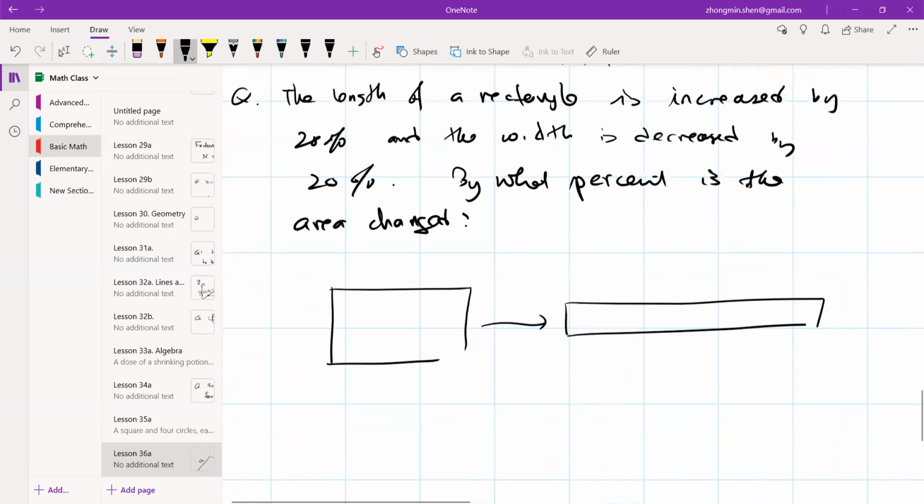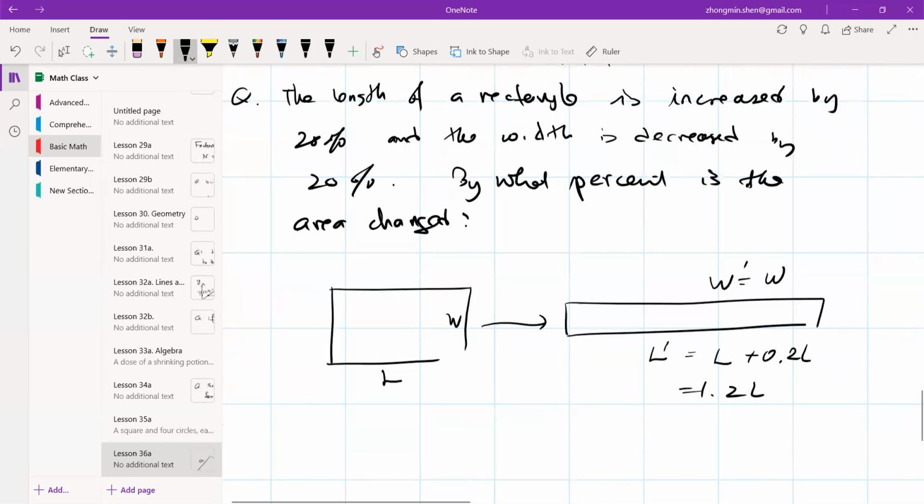Okay, so let's try, okay? So this is the width, this is the length. The length is increased by 20%. 20% is the original one plus 0.2 L, which is 1.2 L, okay? The width is going to be decreased.